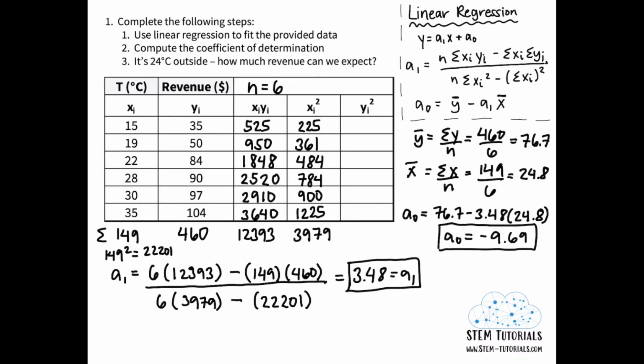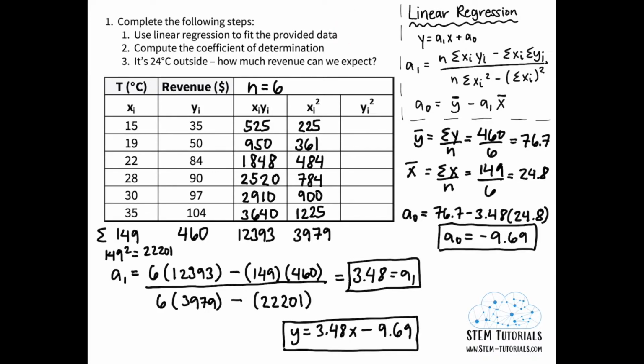So as a last step, I'm just going to write down the equation of our linear regression line to best describe the data. We get y equals 3.48x minus 9.69. And with this, we've solved for question number 1.